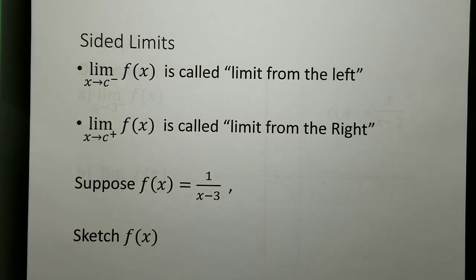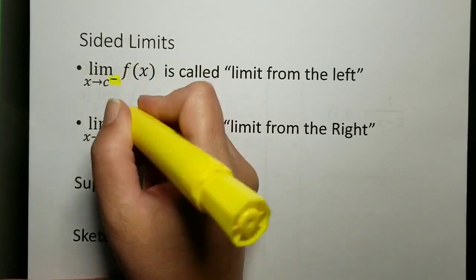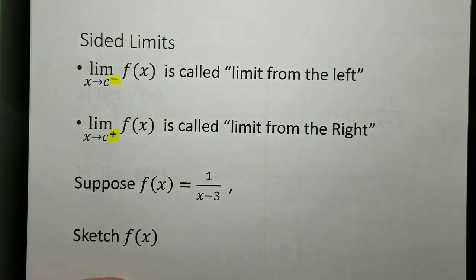The next big idea we're going to talk about is called sided limits. This notation involves a plus or minus if we're talking about a limit from only one side of the function.